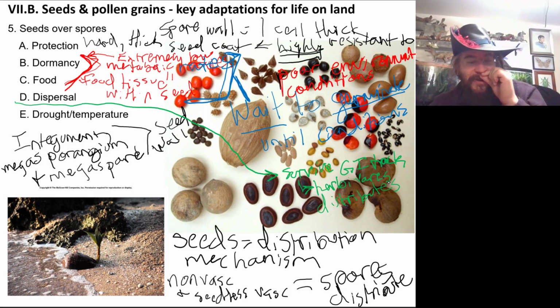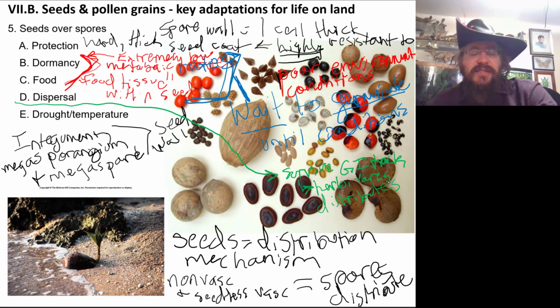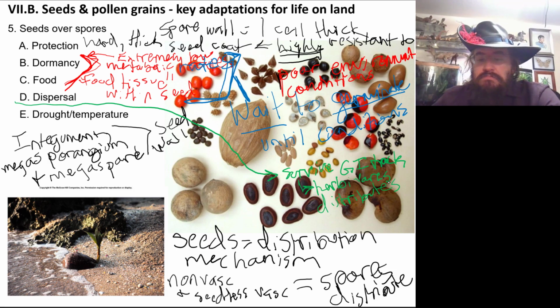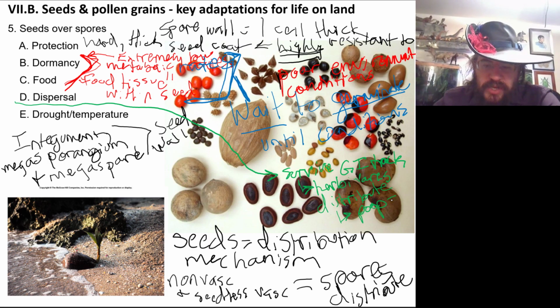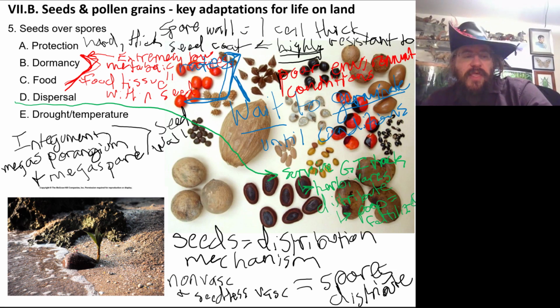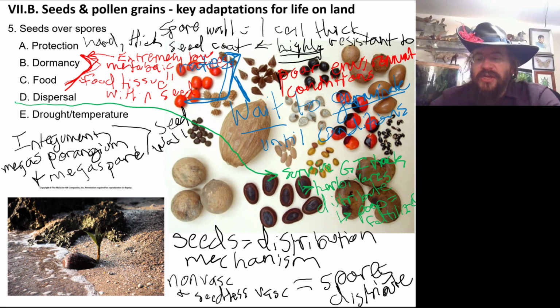They can move around, baby. So something eats them seeds, wanders around, and then drops the seeds. And good news, it gets dropped out in poop, which is fertilizer. So that's great. They can survive the GI tract.